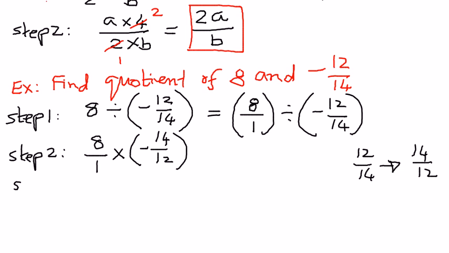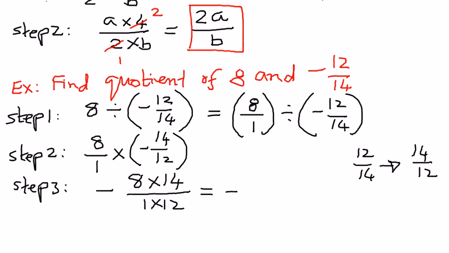Now as step number 3, we're going to simplify the signs, multiply the numerators, multiply the denominators. Positive times negative is a negative. Multiply the numerators. 8 times 14 divided by 1 times 12. So when we simplify this, we're going to look for numbers in the numerator and look for numbers in the denominator which are multiples of one another and simplify them.